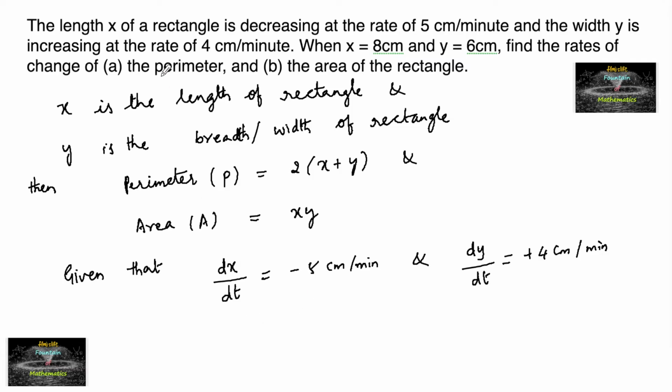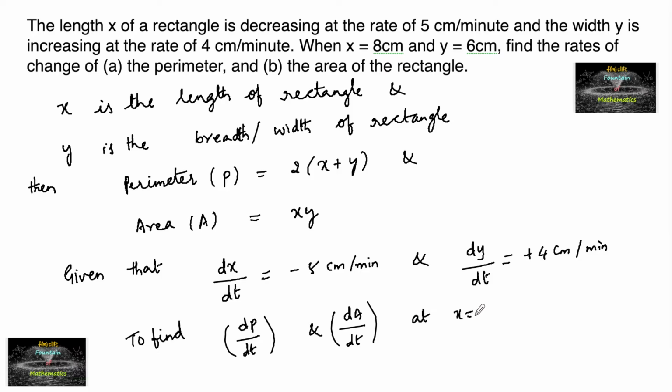And we have to find the rate of change of perimeter, dP by dt, and of the area of the rectangle, dA by dt, at x is equal to 8, y is equal to 6.